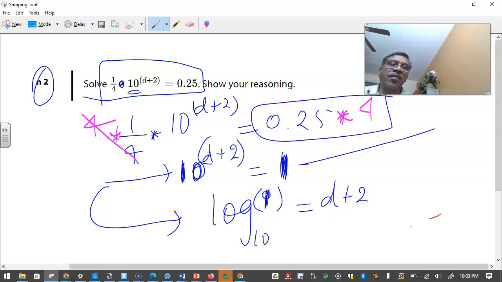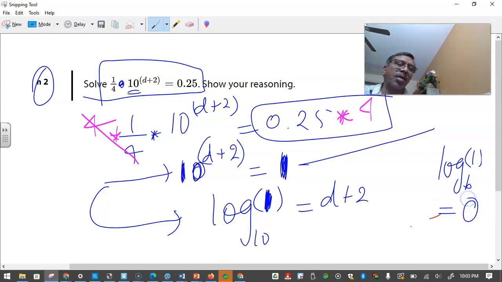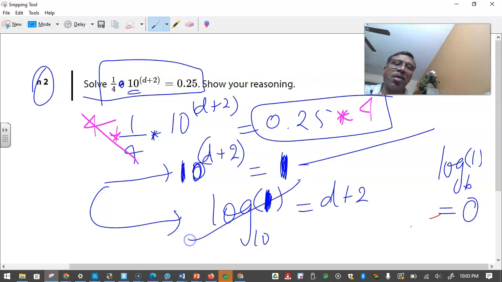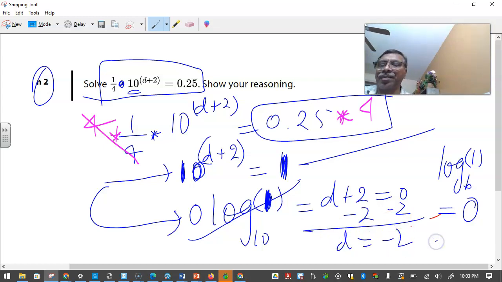And remember, it's a rule that the logarithm of 1 to any base is always 0. That's it. So this whole thing collapses to 0. So I'll put this is equal to 0 and you get the answer as minus 2 and you're done.